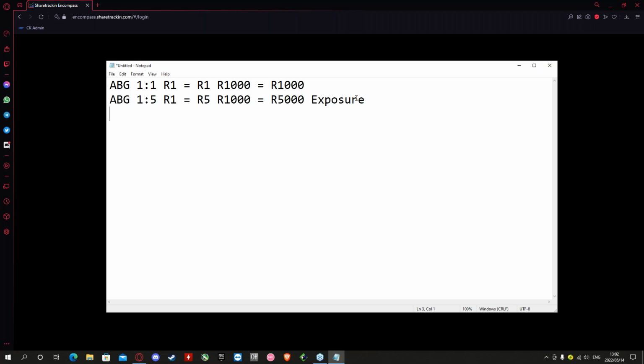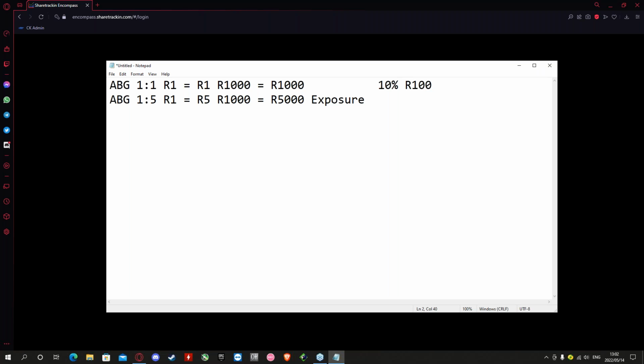That of course means that your risk to reward ratio is higher. So here you've got a 1-to-1 risk to reward, you've got a 1-to-5 risk to reward. So you've got a higher risk but also a higher reward rate, which means that if you, let's say, make a profit on ABG of, let's say, 10% on a normal equity, then your profit would be R100.